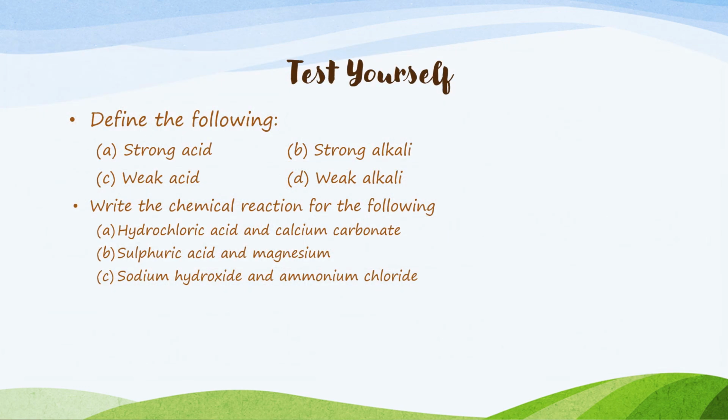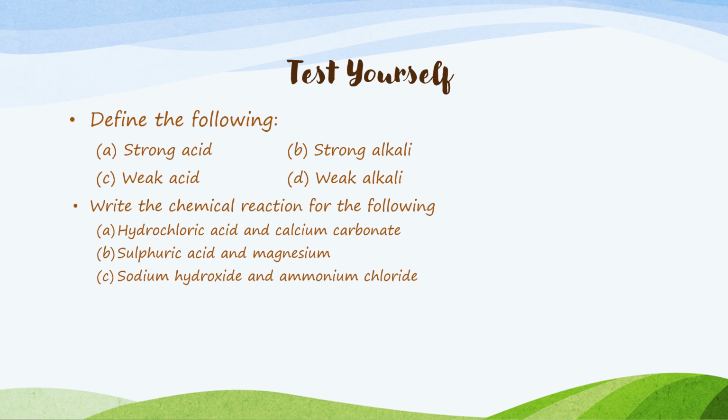Okay, so I think we have come to the end of our lesson for today. Just for your exit ticket, before we end this lesson, I want you to write down on a piece of paper the definition of strong acid, strong alkali, weak alkali, and weak acid.